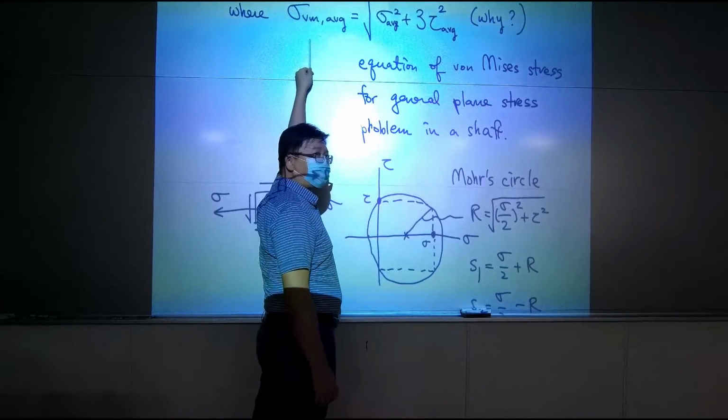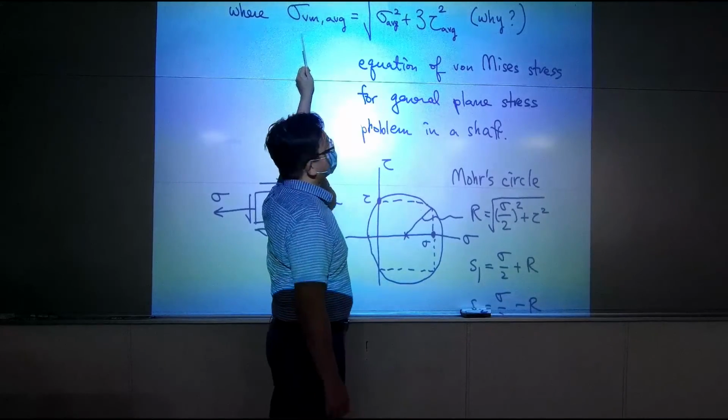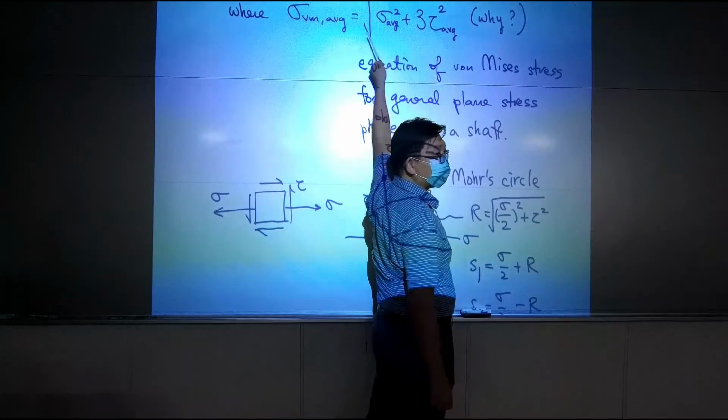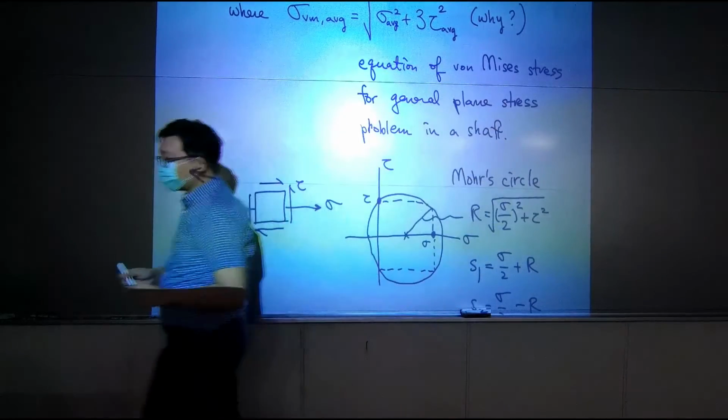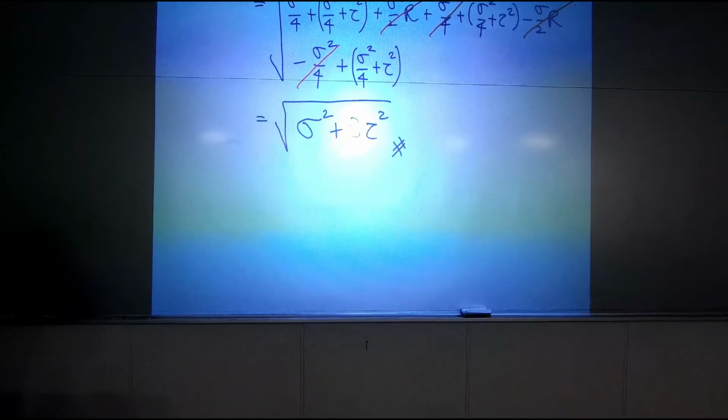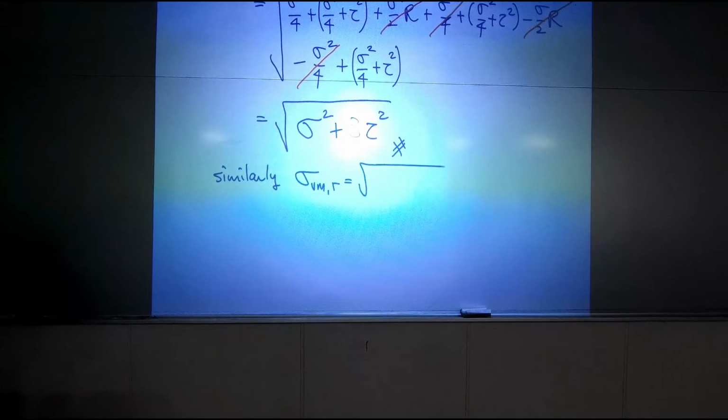This is your average von Mises stress. And this is how you can put your tau into the equation. So similarly, your von Mises range equals the square root of sigma range squared plus 3 tau range squared.